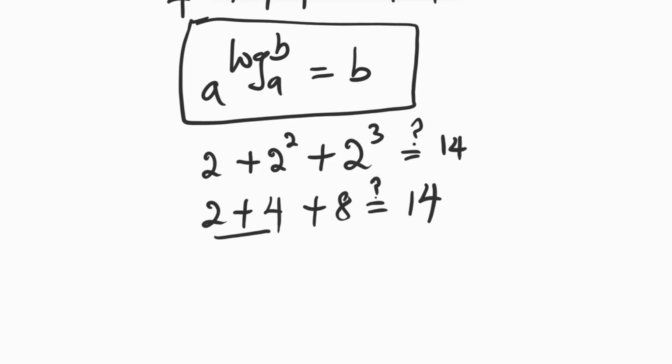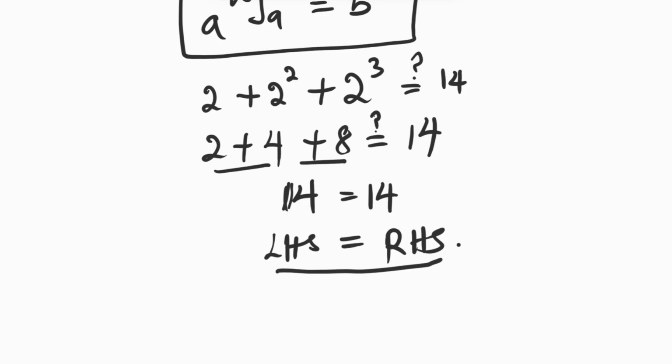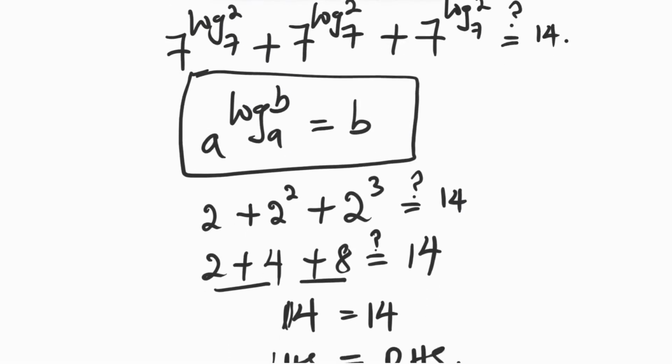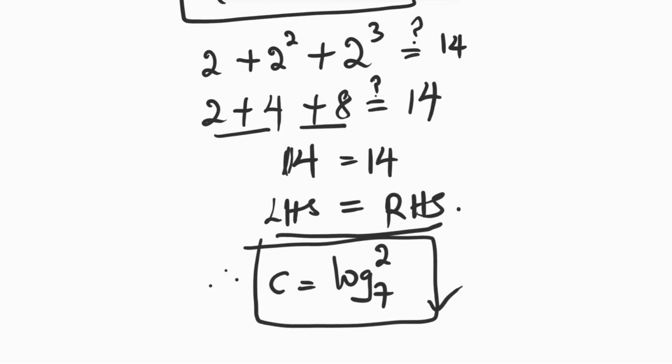Now, if we add these up, 2 plus 4 is 6, and 6 plus 8 is 14. And that's 14. So we can see that our left-hand side is equal to our right-hand side. Therefore, the value of c, which is log of 2 base 7, is our answer.